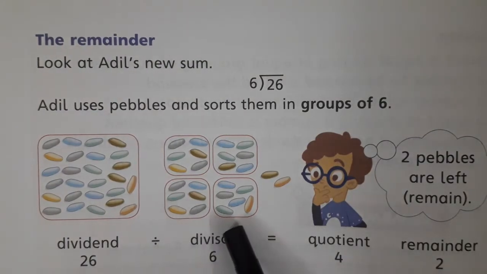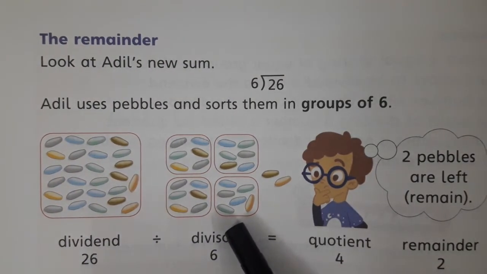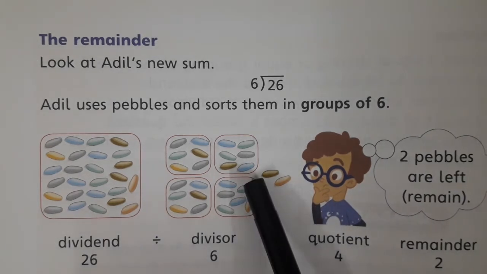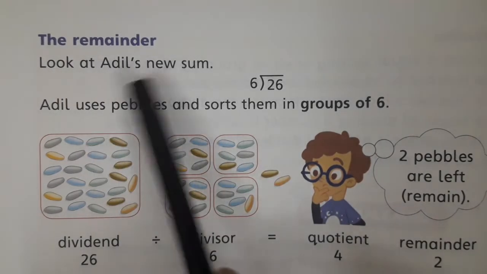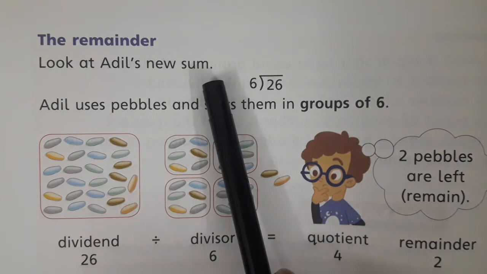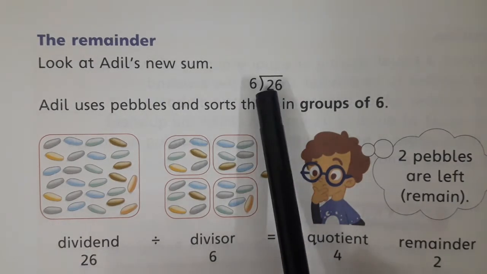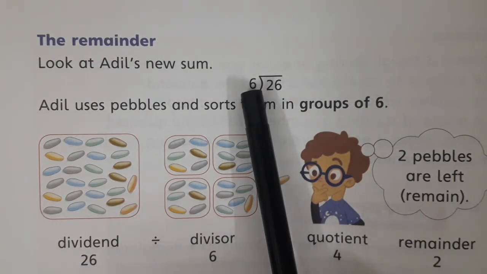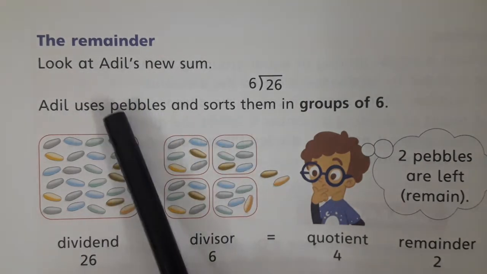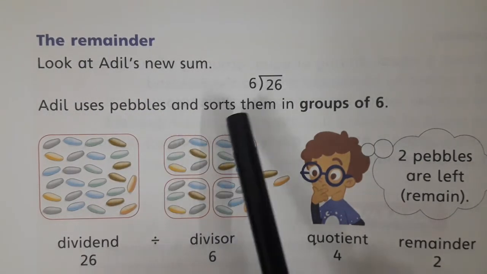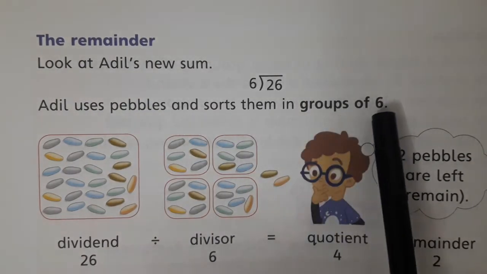But before starting the question, first of all, just look at this example. Look at Adil's new sum: 26 divided by 6. Adil uses pebbles and sorts them in groups of 6.